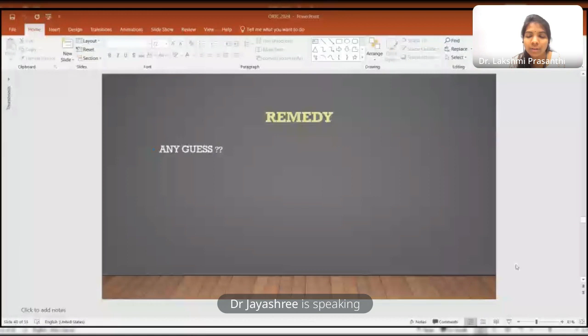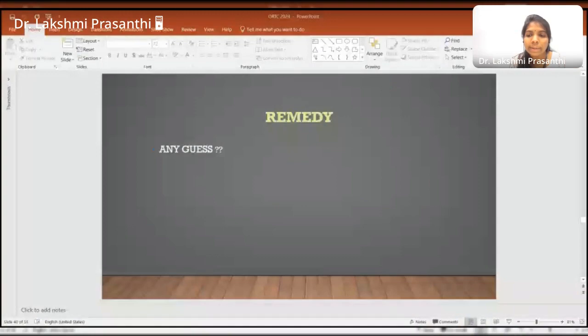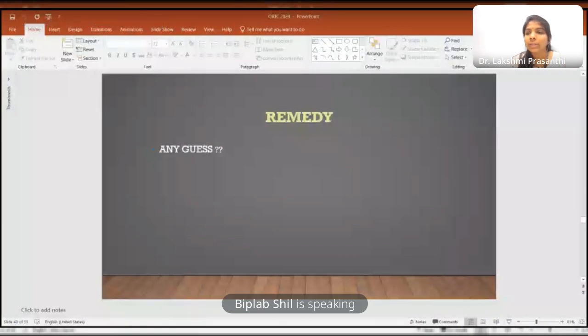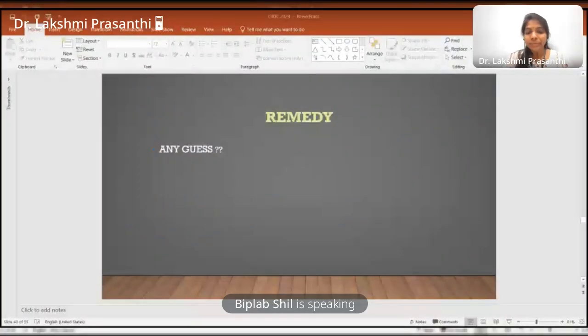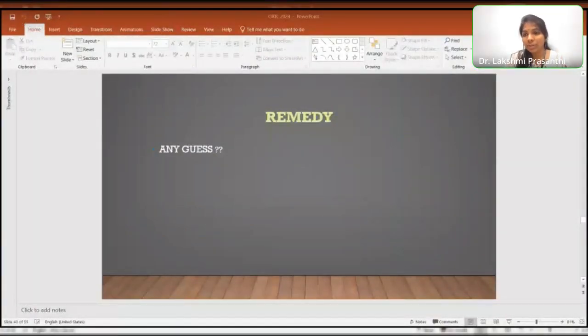Tarantula? Sepia? Spongia, madam. Tarantula, a great attempt. Spongia, nice. Any other guess? Sepia. Okay, good.